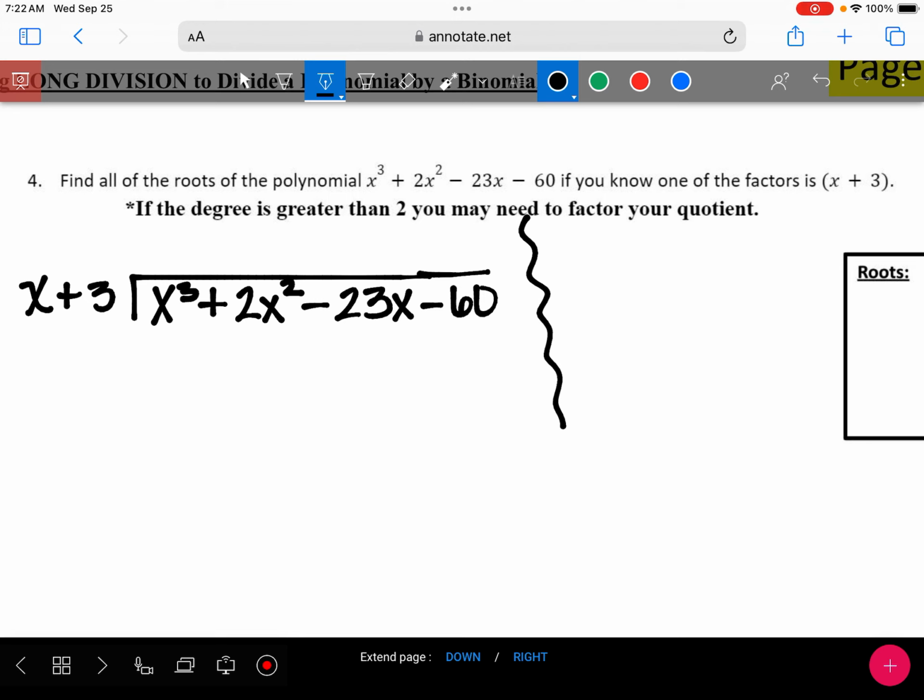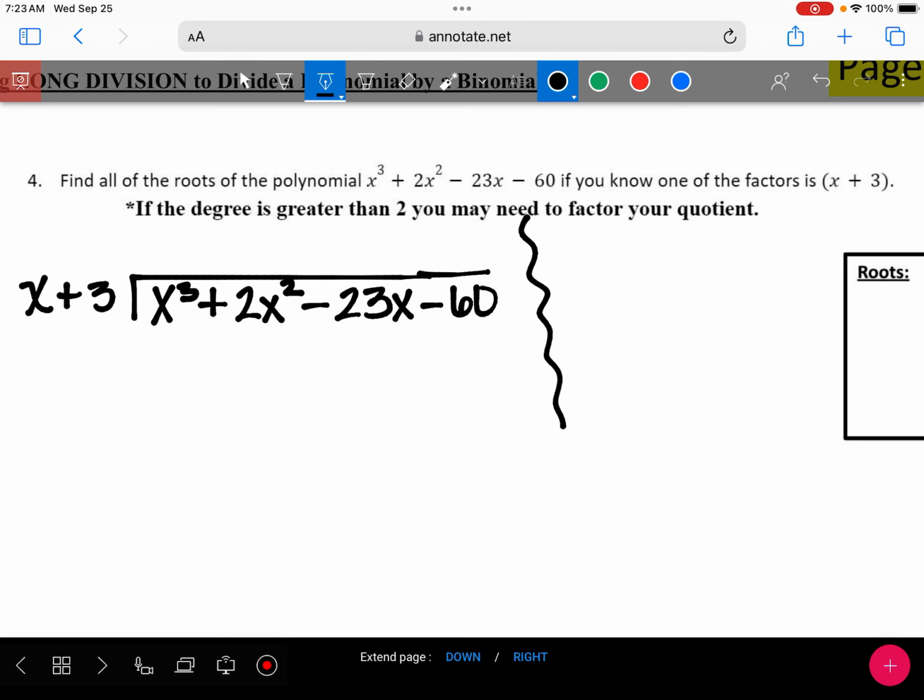So the steps are divide the first term, multiply, subtract, add, repeat. So I'm going to go through this one really slow. And I did record class, so you can watch those. And they're on the YouTube channel.